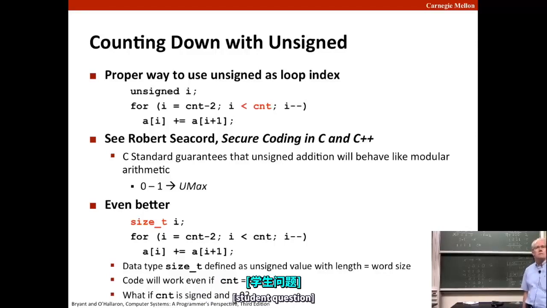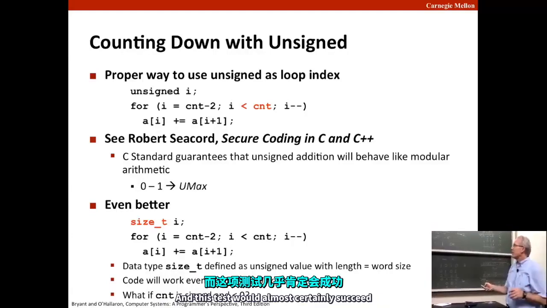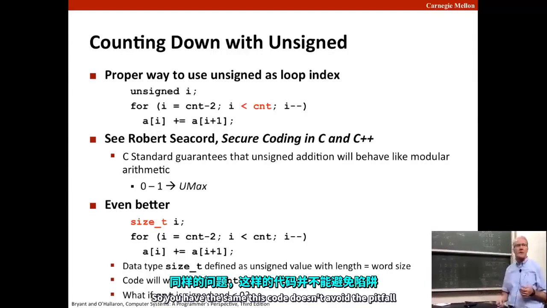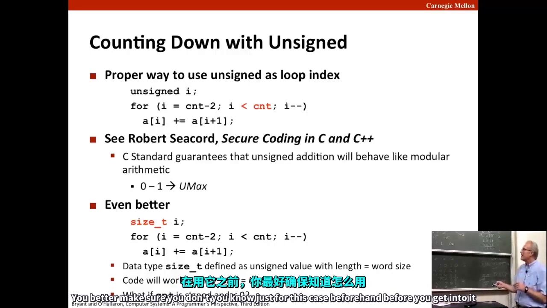The type gets cast to unsigned. Right. And so it would become a very large positive number, and this test would almost certainly succeed. So this code doesn't avoid the pitfall. It just shifts it to saying, you'd better make sure you test for this case beforehand, before you get into it.